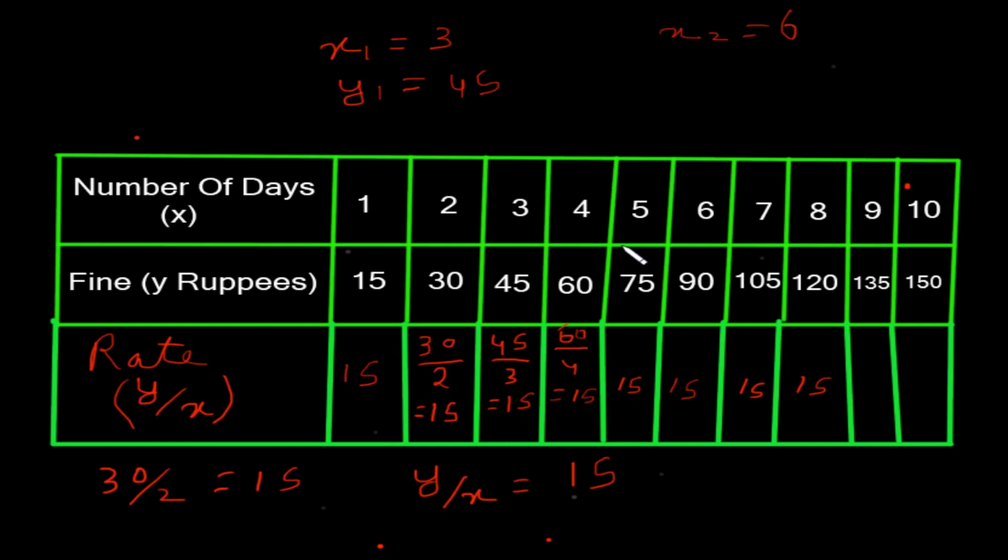Then the corresponding fine for x sub 2 will be 90, so y sub 2 will be 90. If you put it over here, you will always get the rate as 15: 45 divided by 3 gives us 15, and 90 divided by 6 also gives us 15.